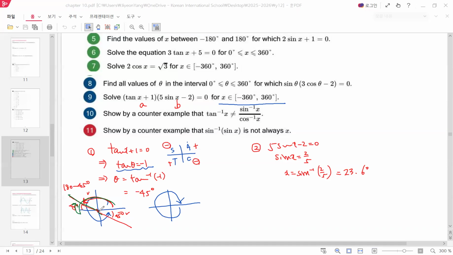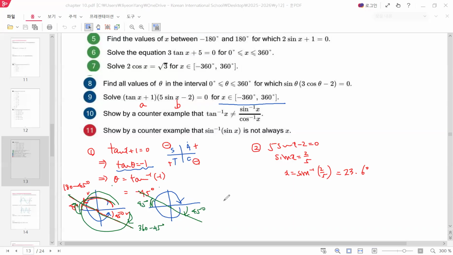To represent this angle, 360 minus 45. Do you understand? So second and fourth quadrant, please remember. So negative direction, negative 45. This one is 45, and for this angle also 45. It's the same.